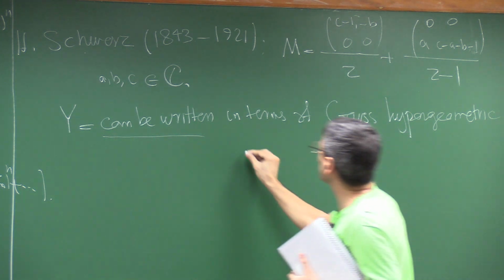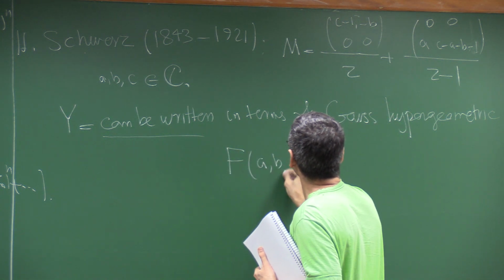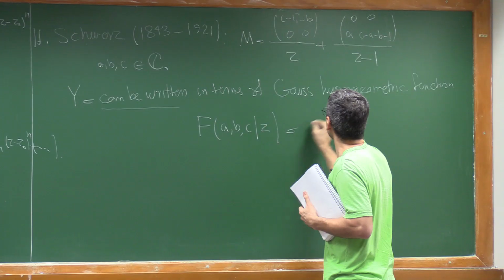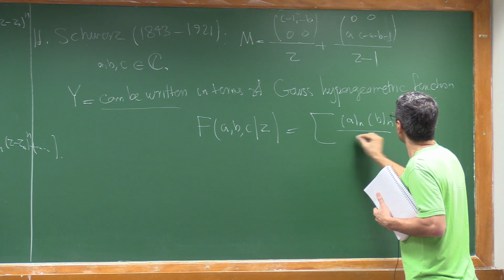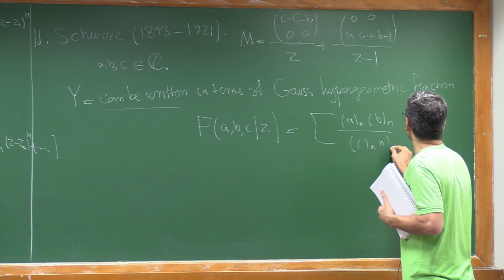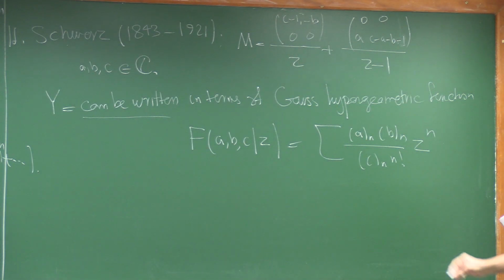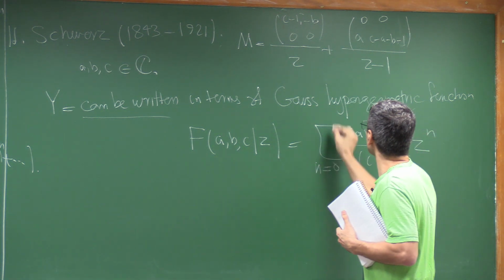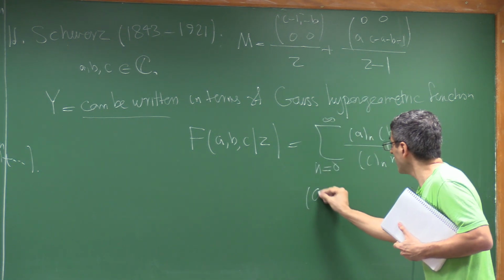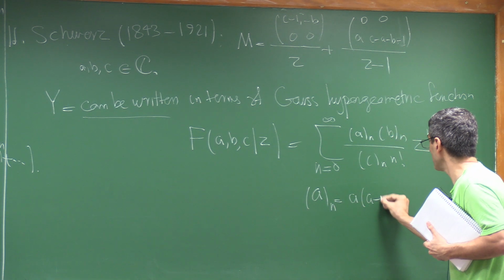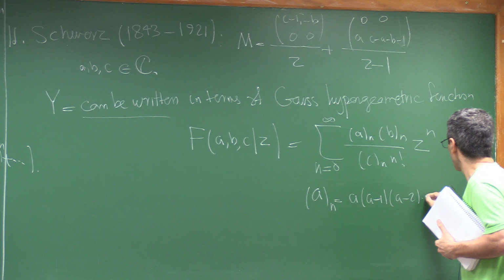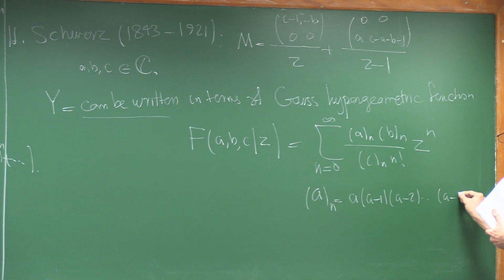The notation is f(a, b, c) equals the sum of (a)n (b)n over (c)n n factorial times z to the n, where n goes from 0 to infinity. And what is (a)n? This will appear soon again: a(a minus 1)(a minus 2) up to (a minus n plus 1).